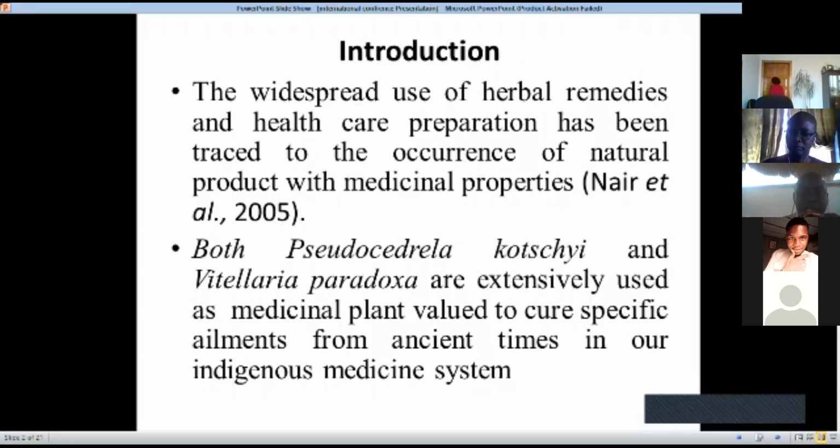What I'm trying to say is that both plants, more especially the bark, have been used in various ways to cure various ailments and diseases traditionally, more especially in Africa and Asia.